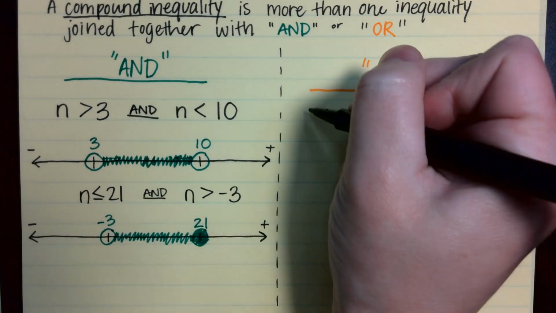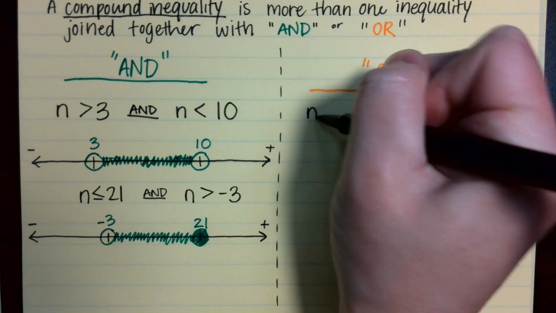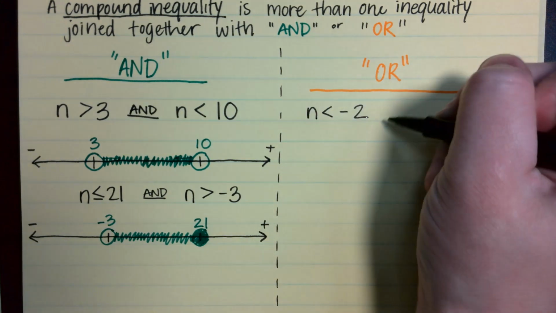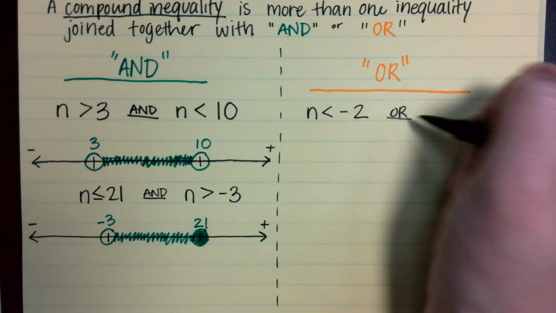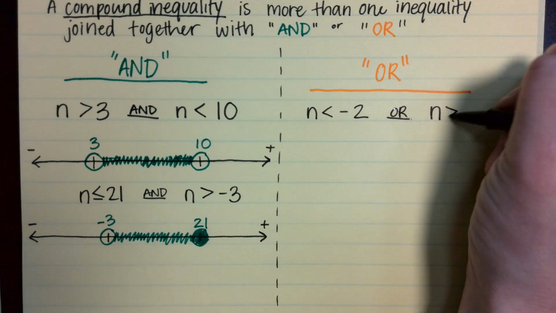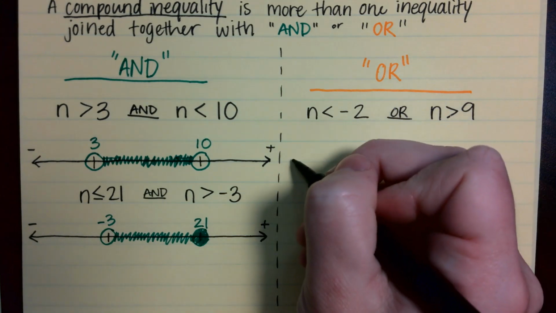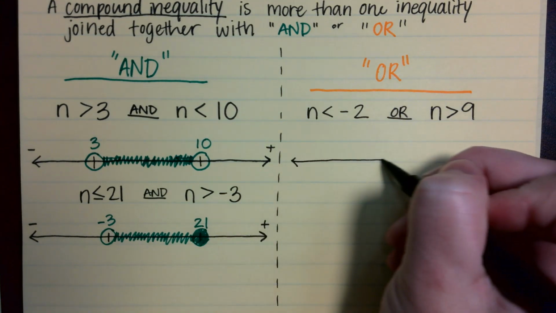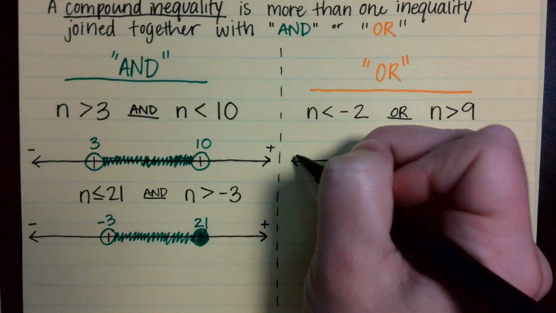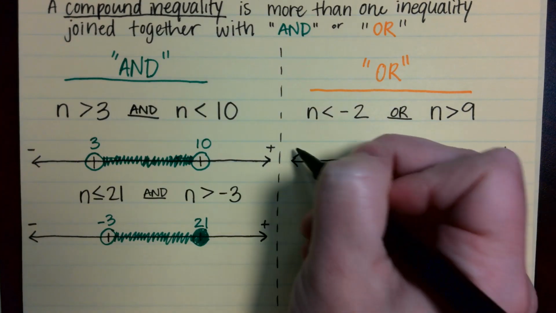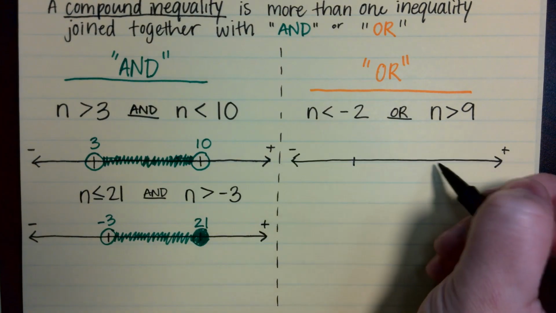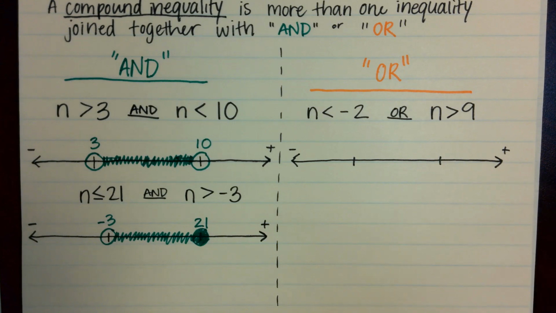Let's start with n is less than -2 or n is greater than 9. So I need to start with my 2 tick marks.